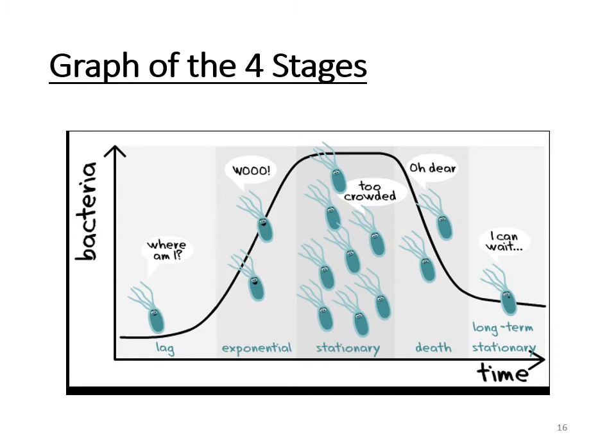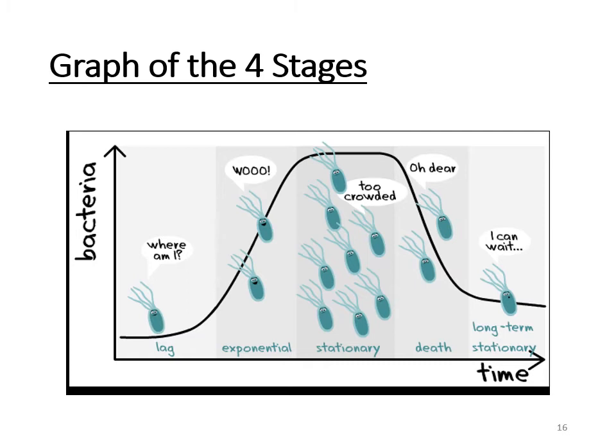And then as they start to die off more than they replicate, you get the plummeting curve, which is the death phase. So now the cell death rate is greater than cell division. And that's because they've used up their nutrients. They've used up the nutrients, there are too many wastes built up and too many bacteria there.